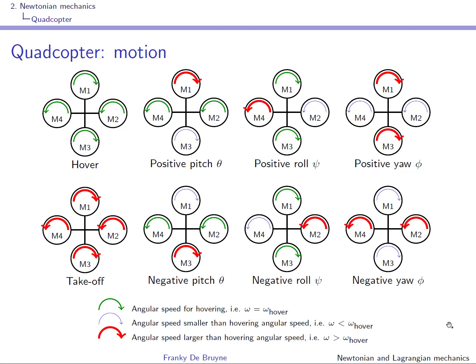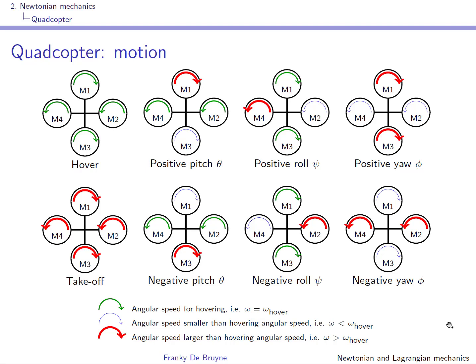So these are the green arrows. If you see a green arrow, it means that that rotor is turning at the hover speed. Then the ones in red, they are a little thicker. It means that the speed is above the hover speed. And the ones in blue, it's a thin line. It means that the speed is below the hover speed. So if all rotors are spinning at the hover speed, then it's hovering.